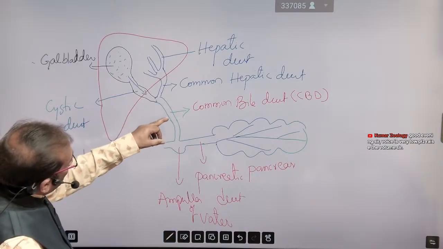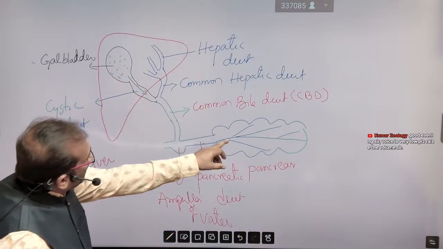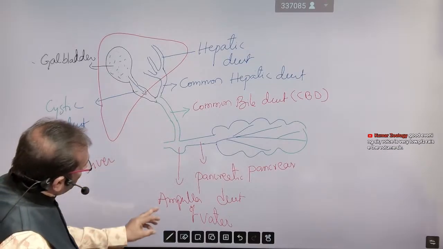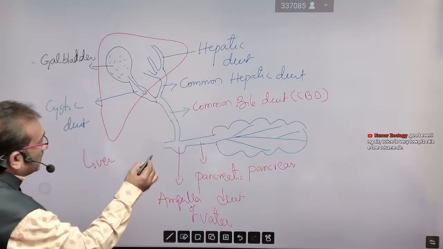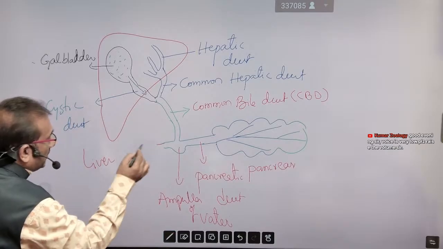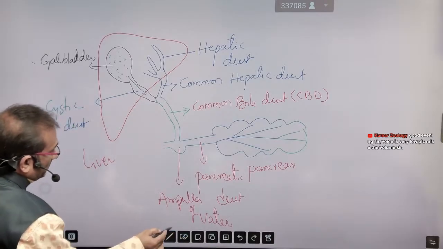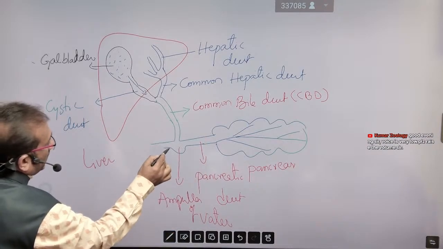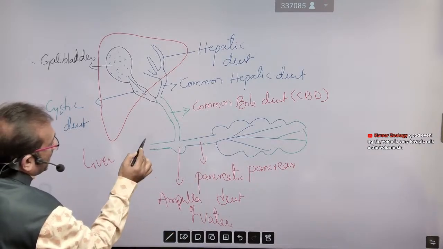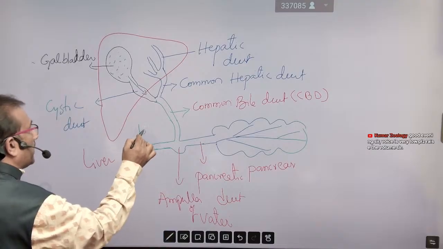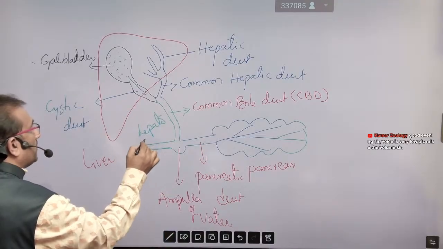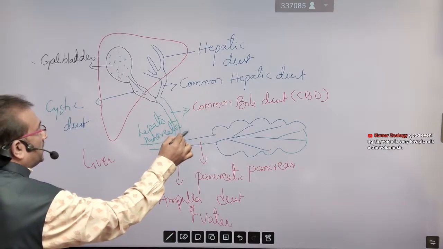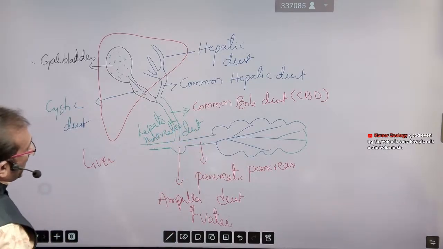So the common bile duct from the liver and the pancreatic duct from the pancreas open into a junction called the ampulla of Vater, and now they collectively form another canal. This canal is known as the common hepatopancreatic duct.